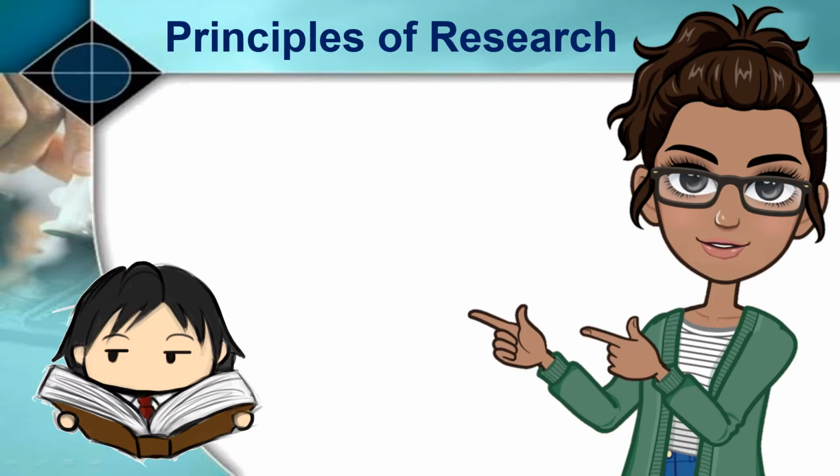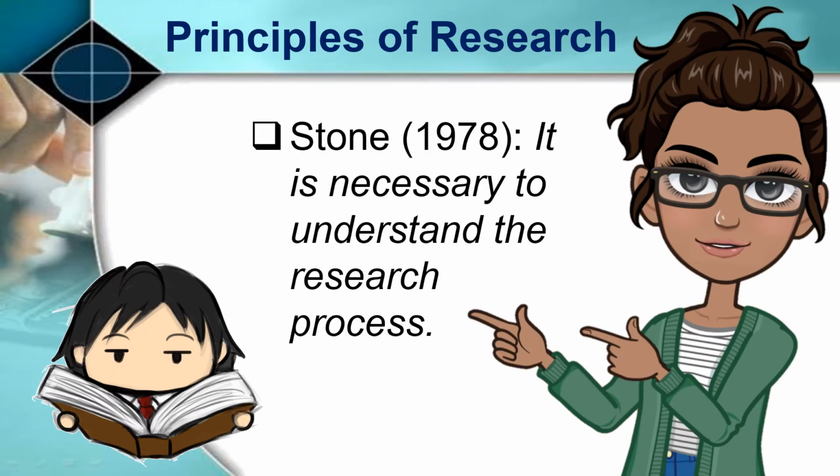In order to assess the degree to which beliefs are supported by research, it is necessary to understand the research process, according to Stone in 1978. That is why you have to learn the various methods of research.